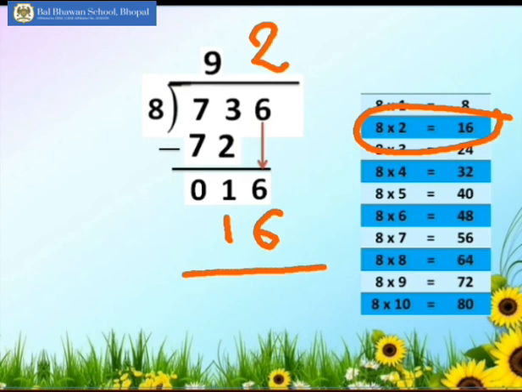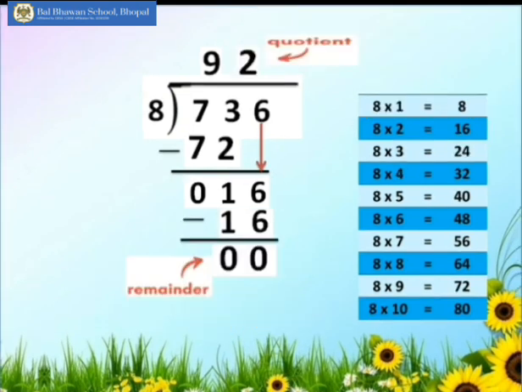Now children, we will subtract it. So 6 minus 6 is 0 and 1 minus 1 is 0. So children, we have got 92 as quotient and 0 as remainder.